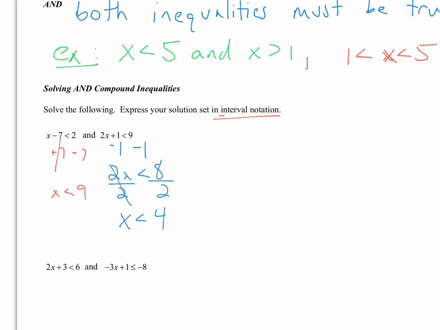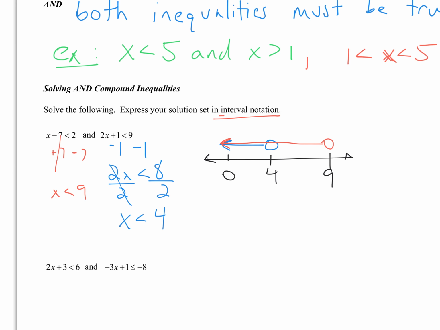Even if we look at it on a number line, sometimes that helps if you sketch out a number line. If this is 0, 4 is here, so it has to be less than 4. 9's up here, it has to be less than 9 as well. That means anything that overlaps is a solution.